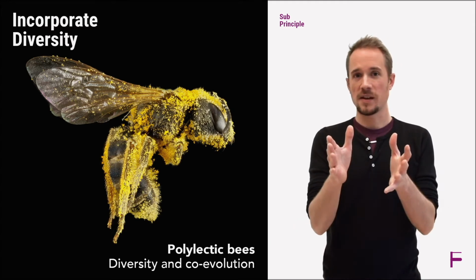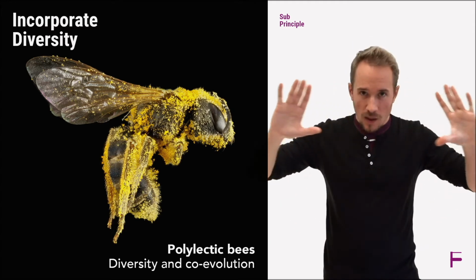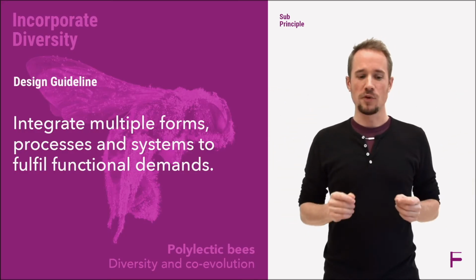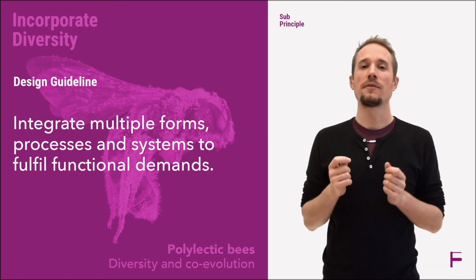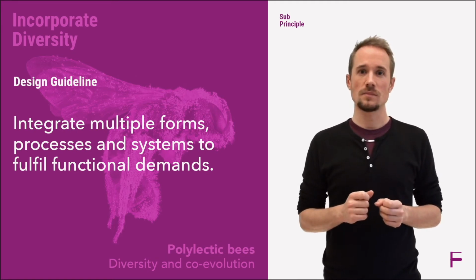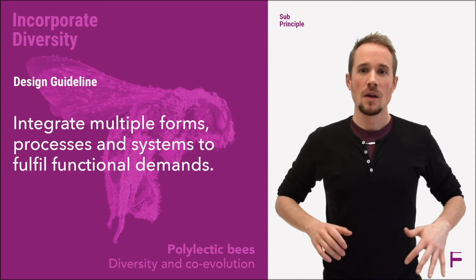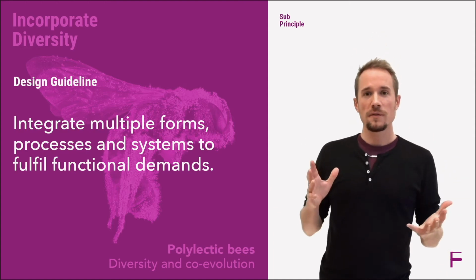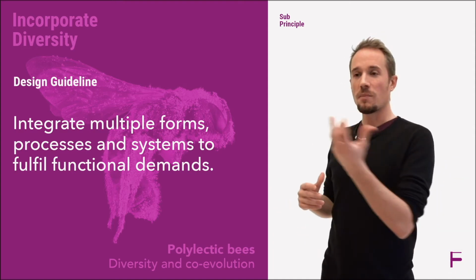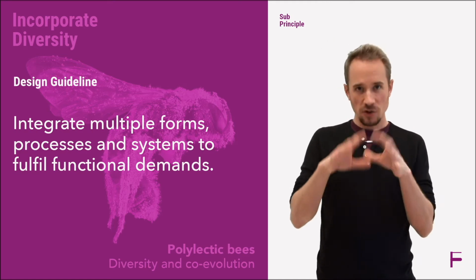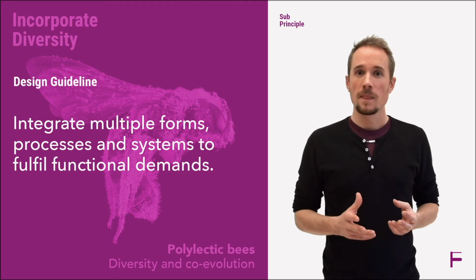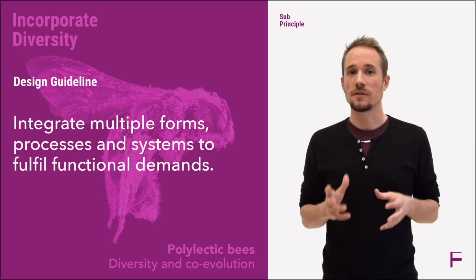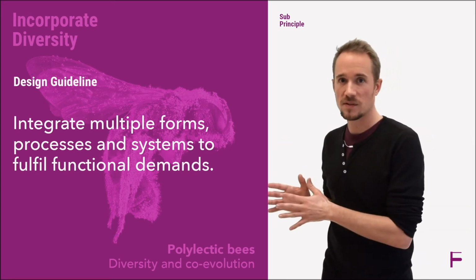What's our design guideline? Integrate multiple forms, processes, and systems to fulfill functional demands. So if conditions change very dramatically, a generalized species like a polylectic bee has a higher chance of survival than a specialized species.